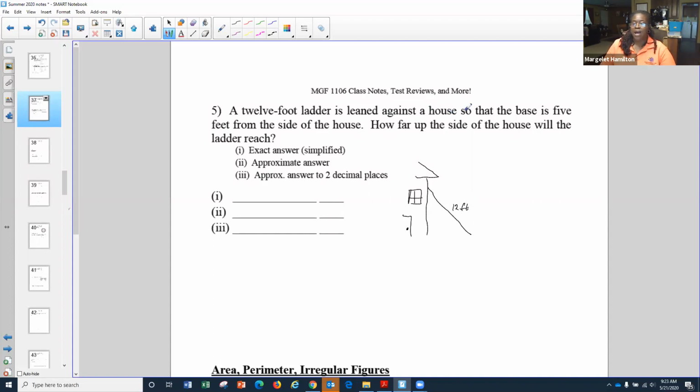Is leaned against the house so that the base is 5 feet from the side of the house. So here's the side of the house, the bottom of the ladder, and this is 5 feet. Okay? Then the question is, how far up the side of the house will the ladder reach? So they want to know, what's that? Okay? All right, so there's our picture indicating what's going on.